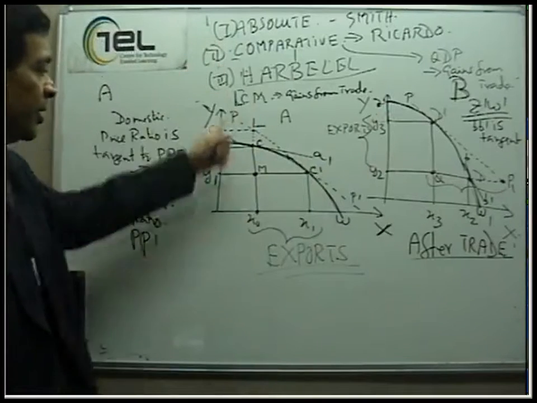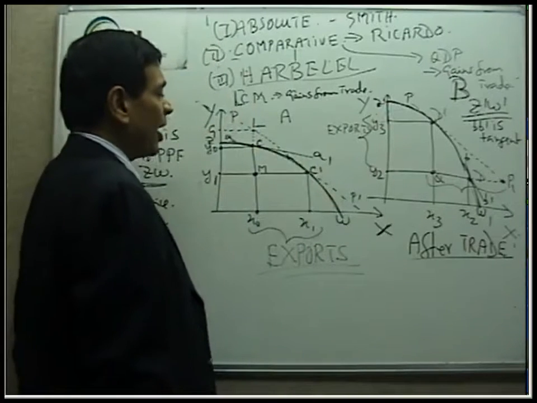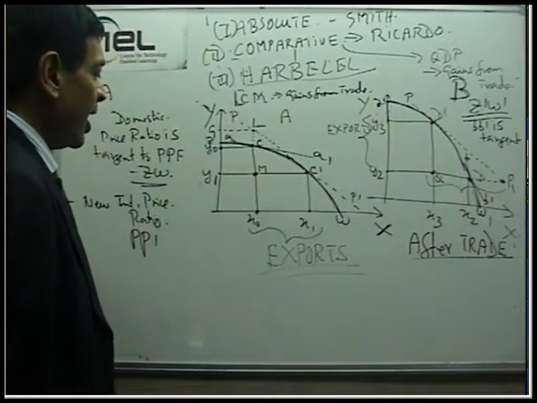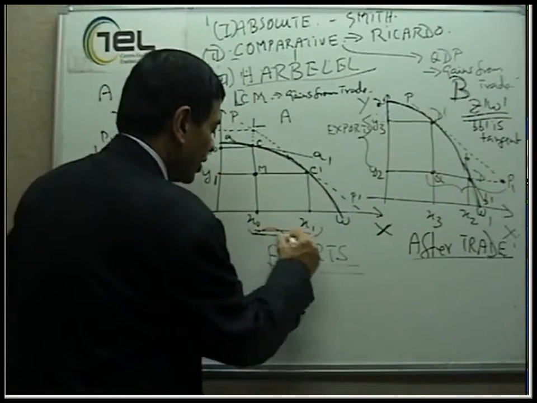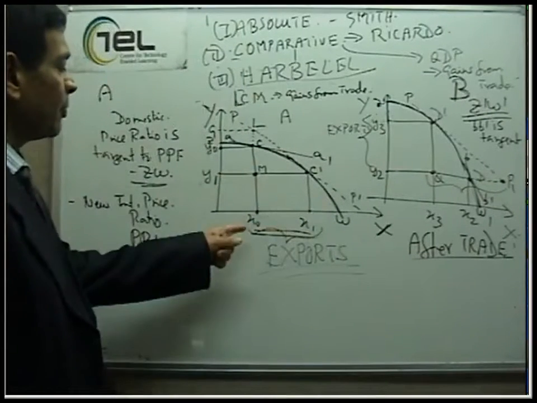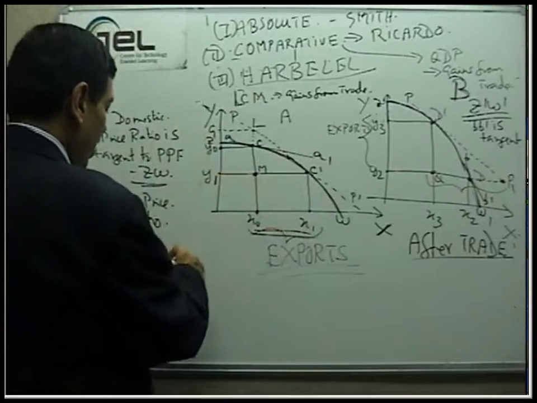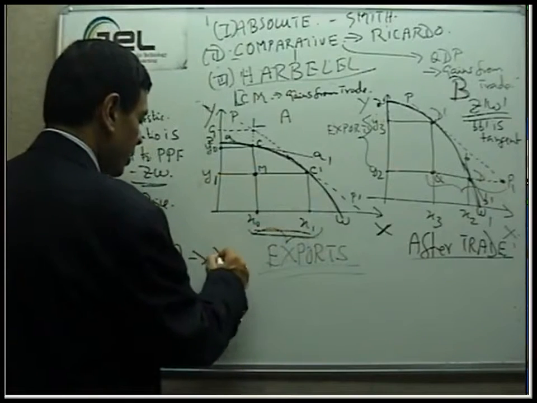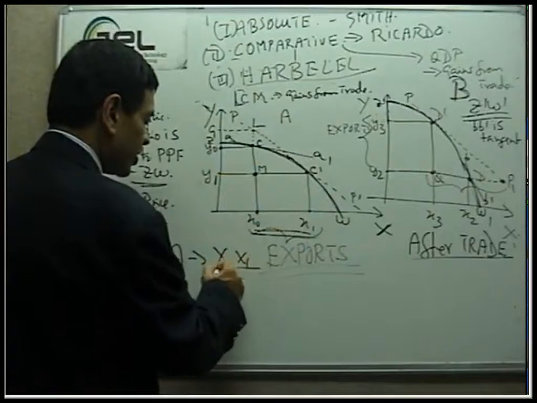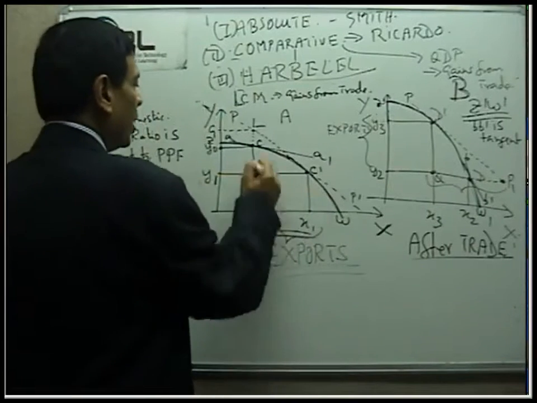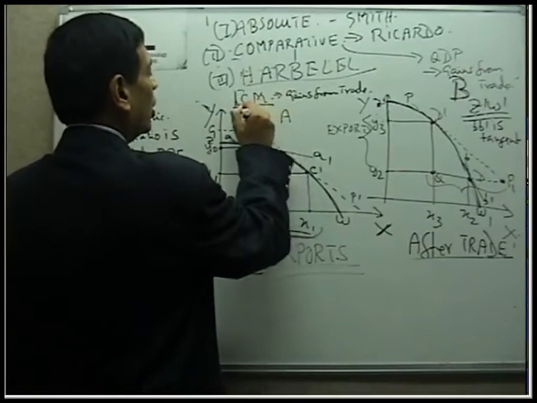When you draw this price line and this dotted line extended to join it here, we get this portion. And typically what we see here is that this quantity X0, X1 is exported by country A, and in return it imports what I call the LCM.